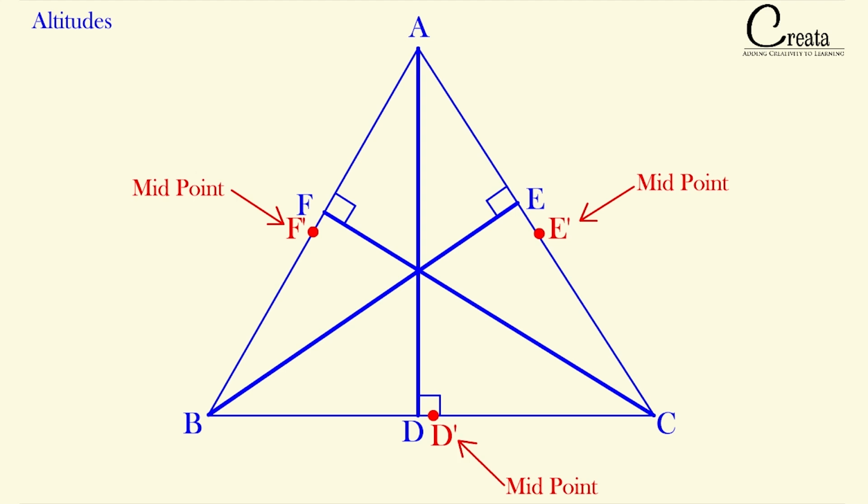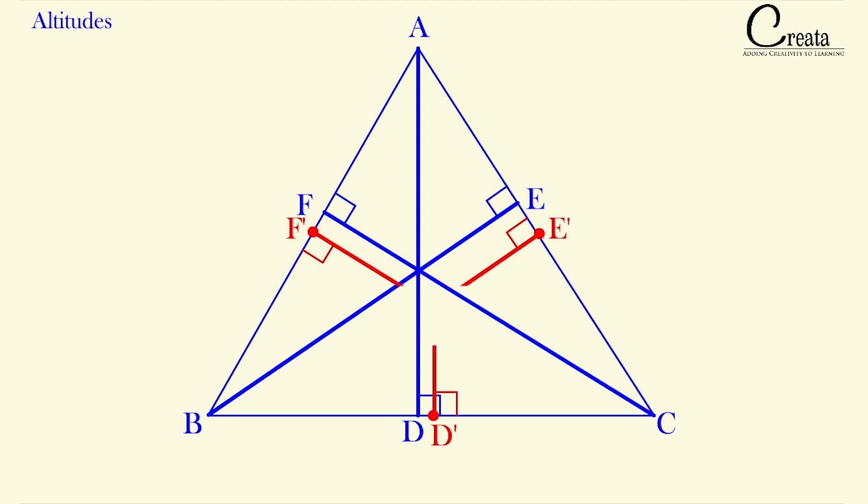The line segments which start from these three midpoints as well as are perpendicular to these three sides are the perpendicular bisectors. These three line segments marked in red are the perpendicular bisectors, and these three line segments marked in blue are the altitudes for this triangle. Now I think you will be able to clearly differentiate between the altitudes and the perpendicular bisectors of the triangle. Got it?